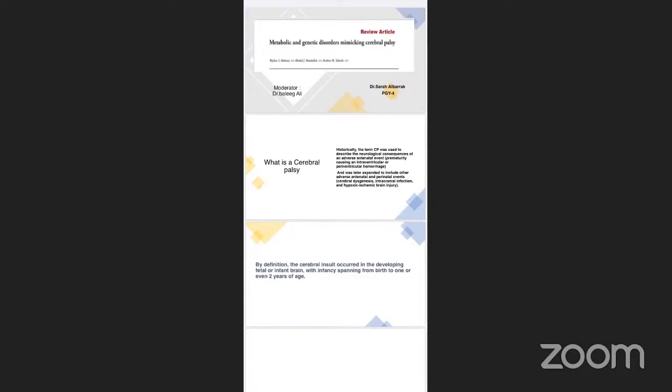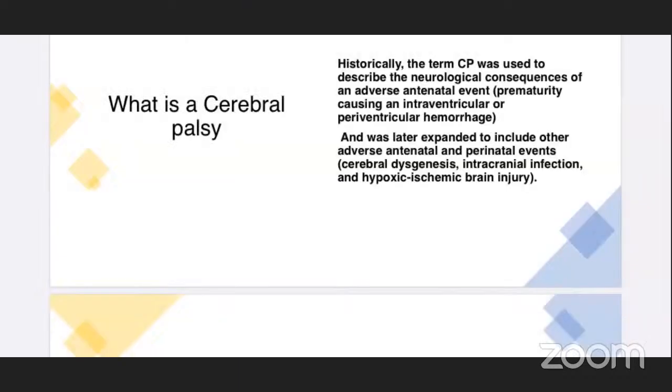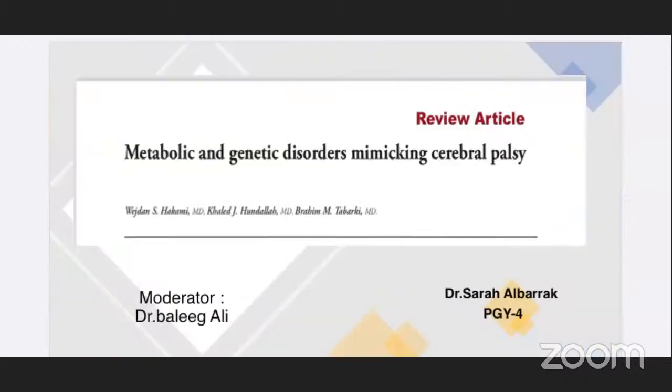Try to tilt it if you're using an iPad. I'm using my phone actually. Yeah, tilt it so it will become landscape mode. Okay, perfect. Because it's not moving great.